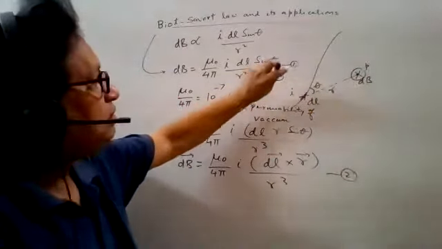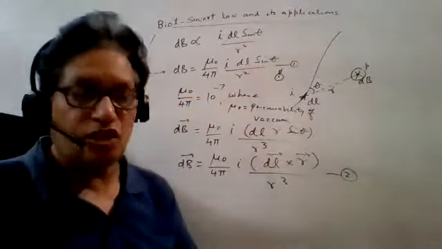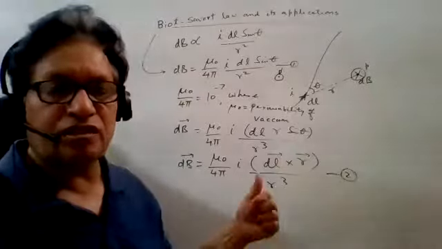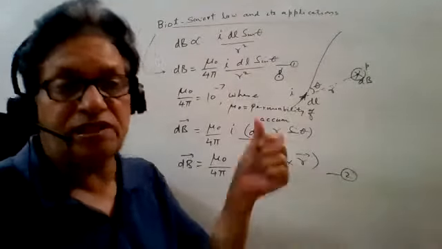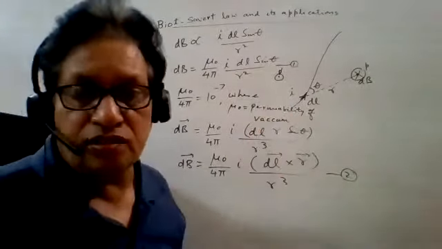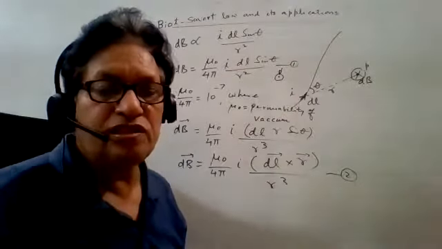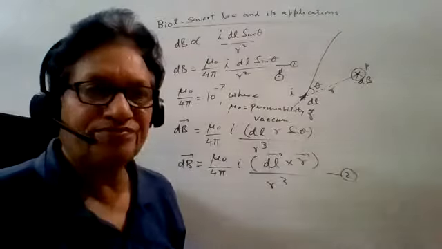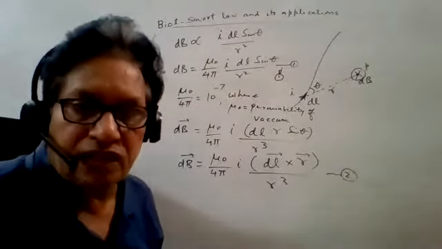Coming out, you can see only the dot. So cross means going into the board or into the paper. Dot means coming out of the board and out of the paper. So you can easily apply this, no problem. Got it? This is all about Biot-Savart law.